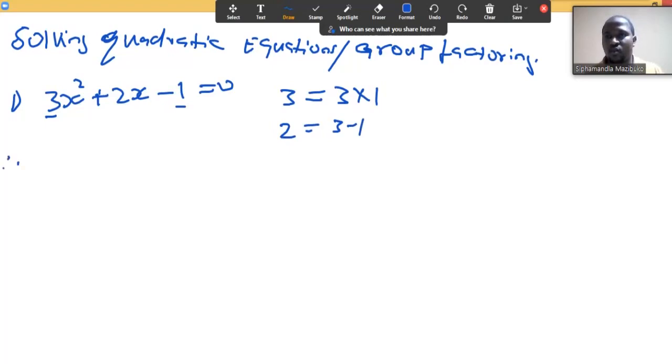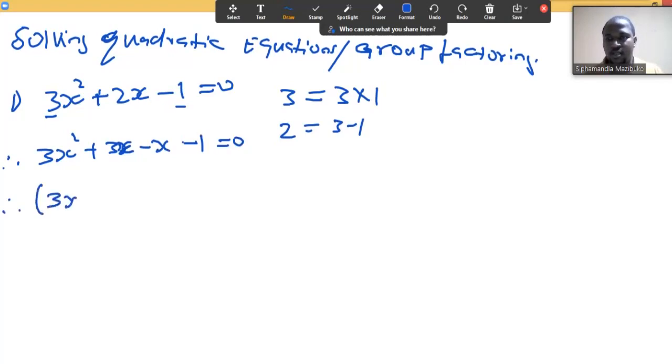Then we'll have 3x squared plus 3x minus x minus 1 is equal to 0, right? Therefore let's group them.